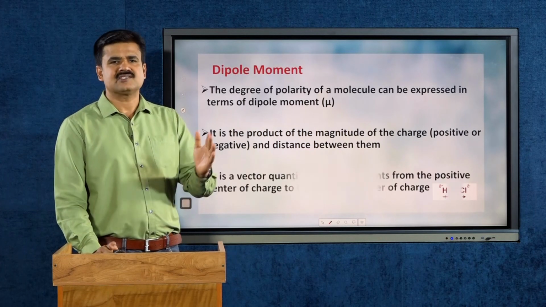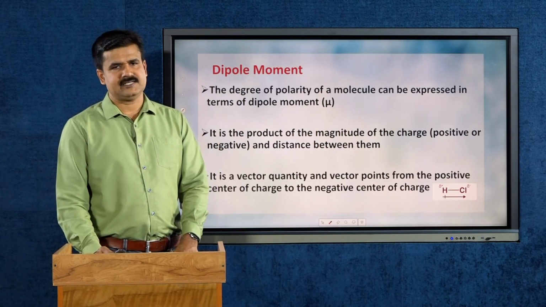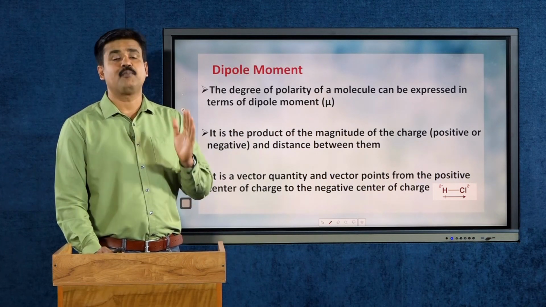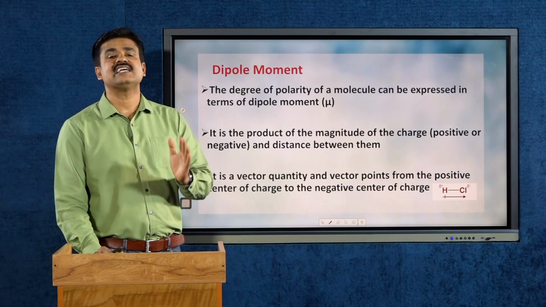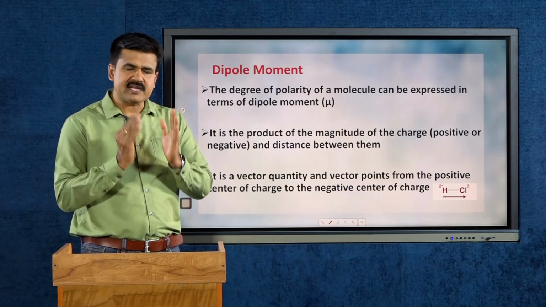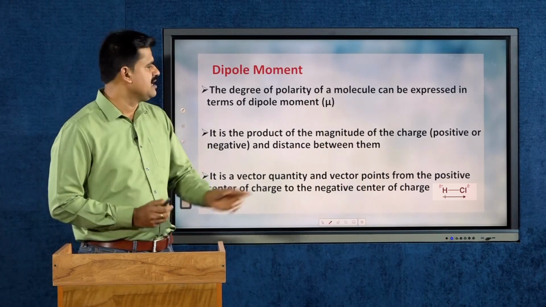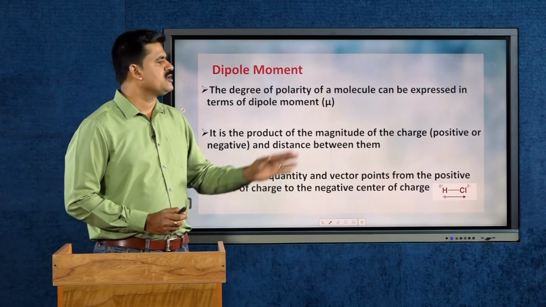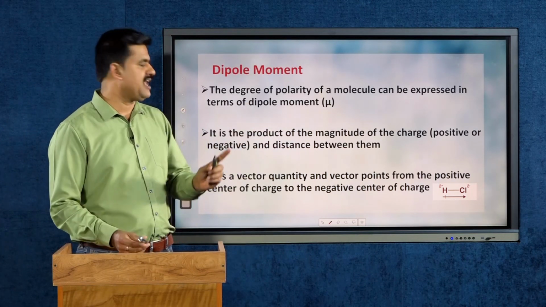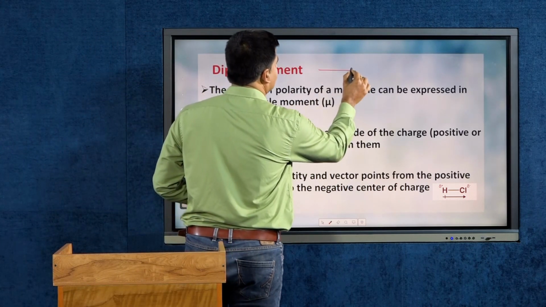So, this dipole moment being a vector quantity, the direction of the vector is from positive center to negative center. That is, the dipole moment vector orients from positive to negative end of the dipole. We use an arrow with a crossed tail to represent dipole moment.